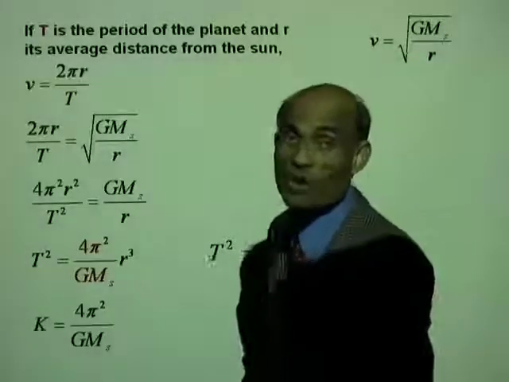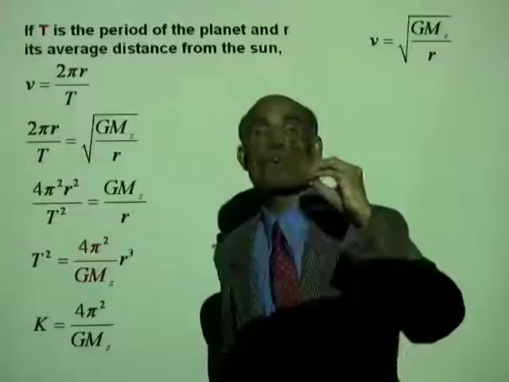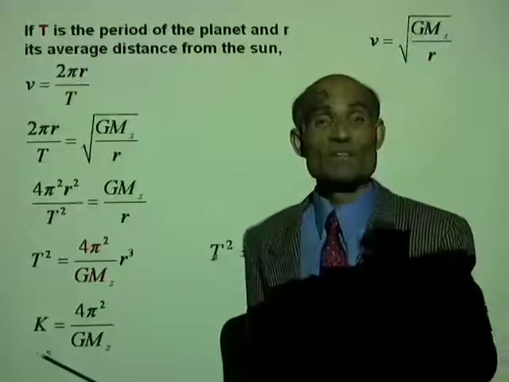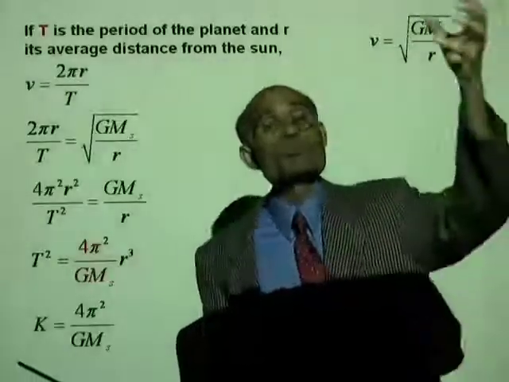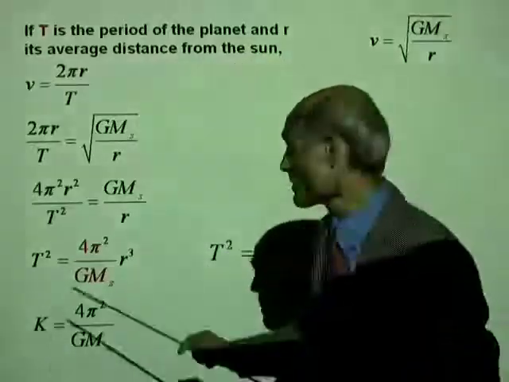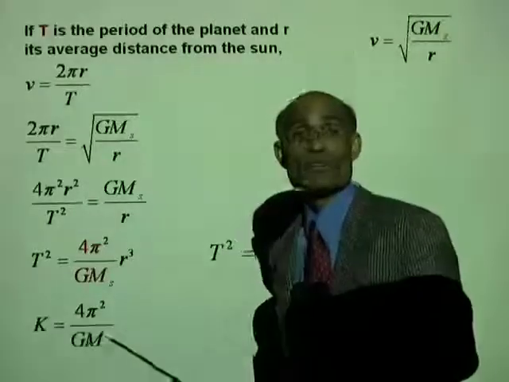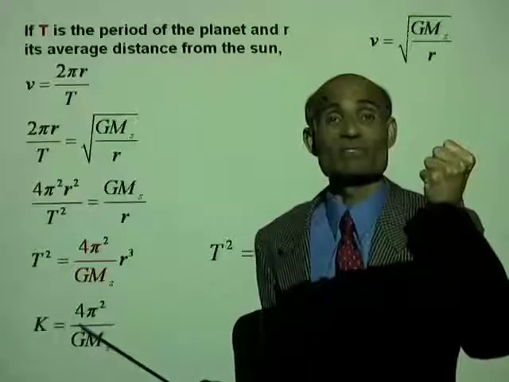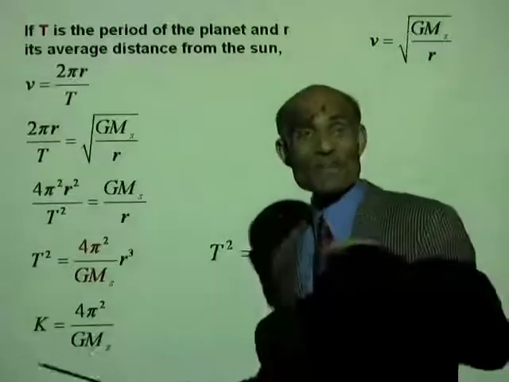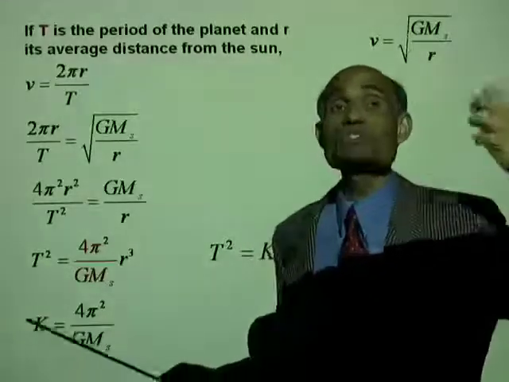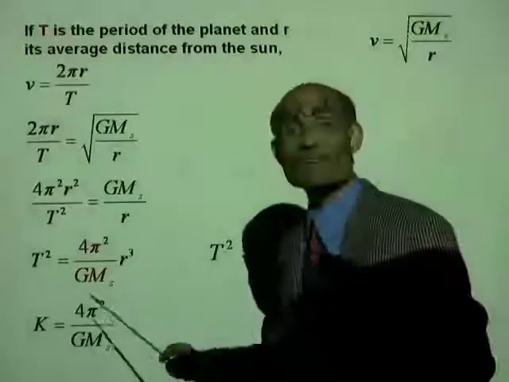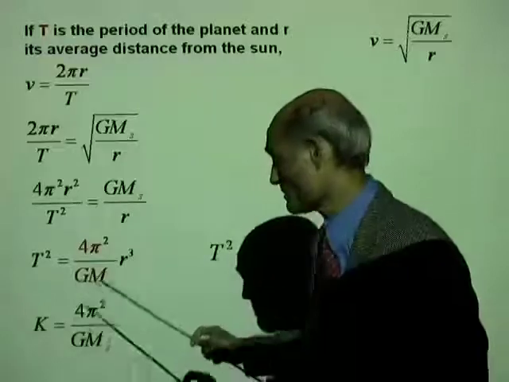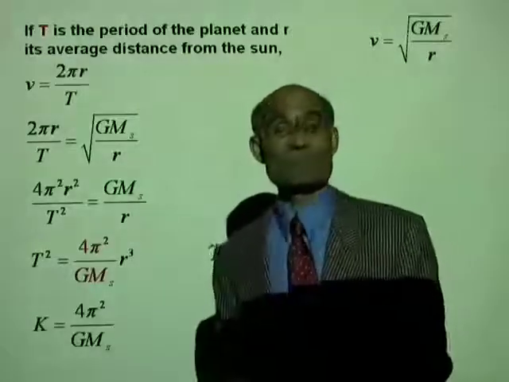So if I ask you, what is the value of k for Earth? In other words, when the Earth moves around the sun, the value of k is this. What is the value of this k for Venus? The same thing. What is the value of k for Jupiter? The same thing. For all planets in the solar system, the value of k is the same.